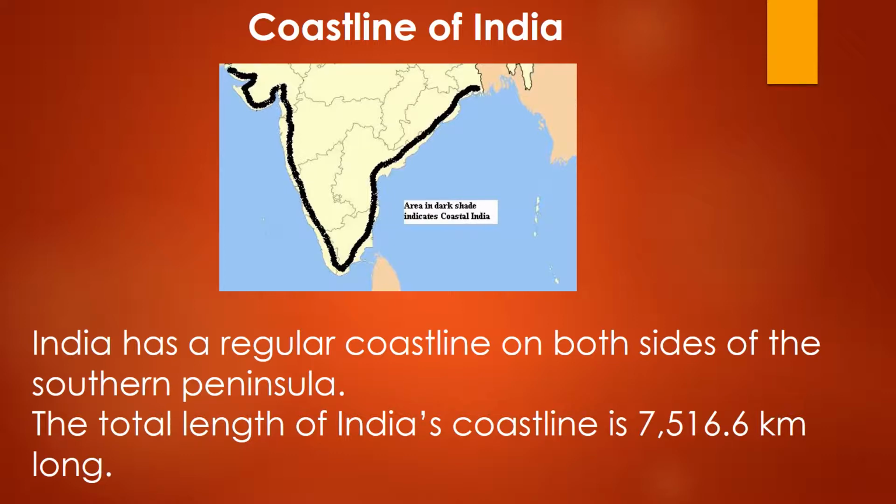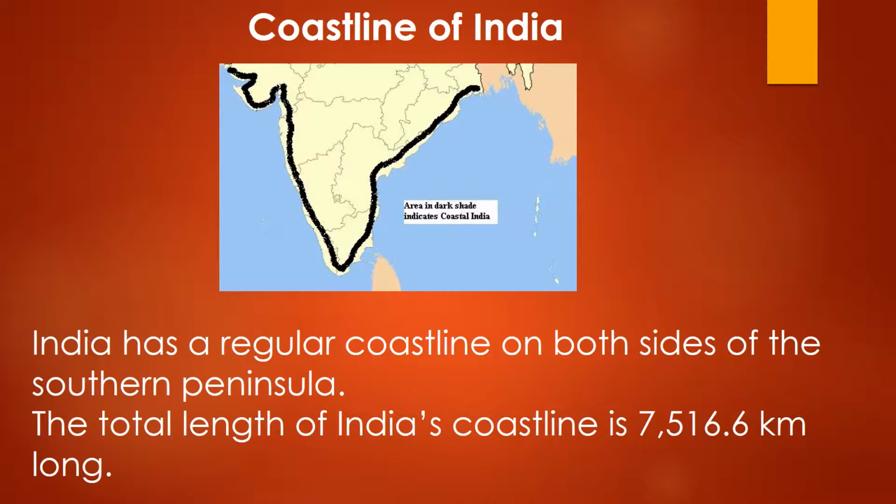Earlier the southernmost point of India was Indira Point in the Great Nicobar, but it submerged in the sea when the tsunami came in 2004. So now the point where Indian Ocean, Arabian Sea and Bay of Bengal meet is called Kanyakumari.